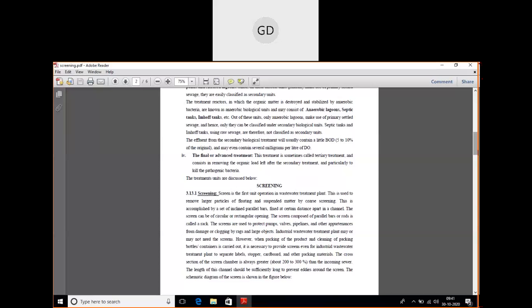Screening removes the suspended organic or floating materials, like pieces of cloth, wood, hair, fiber, and kitchen refuse.